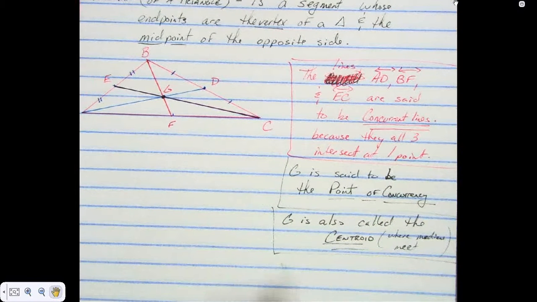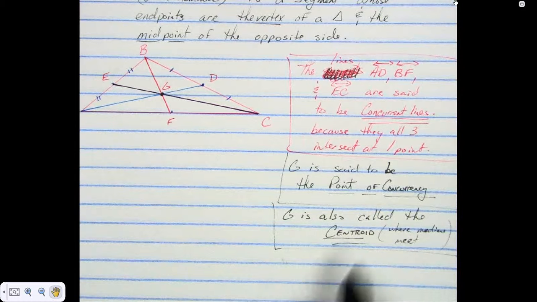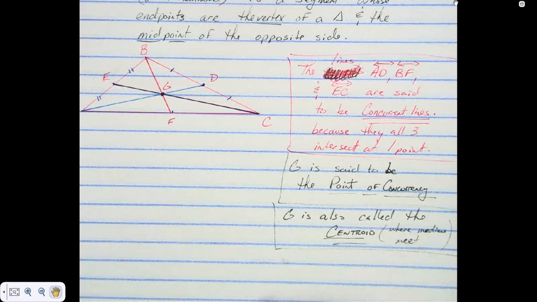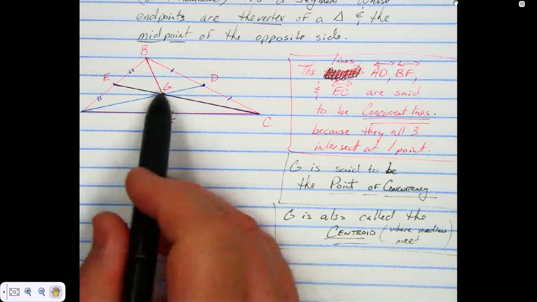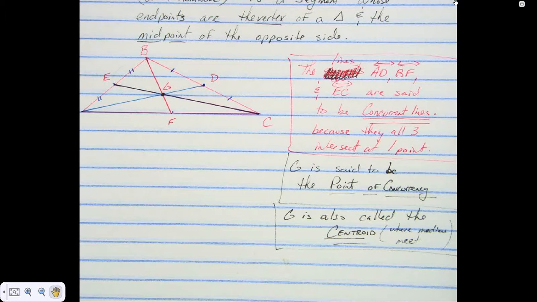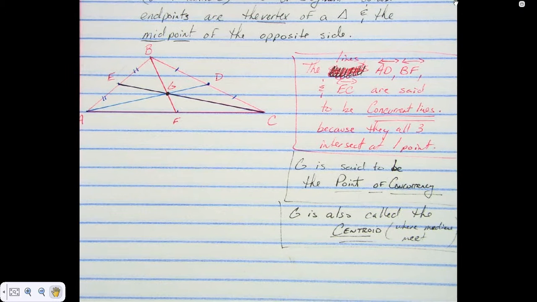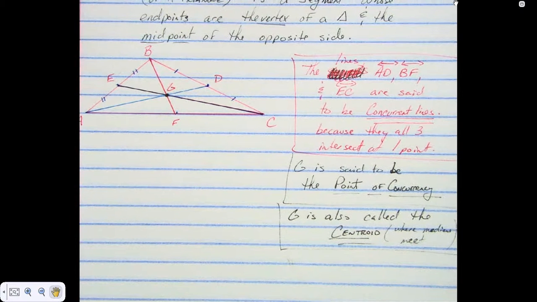Centroid is a point of concurrency, and a centroid is where medians meet. Okay? So this point is called the centroid. Once again, more of a vocabulary lesson than math. If they're talking about a centroid, they're talking about where medians meet inside of a triangle.